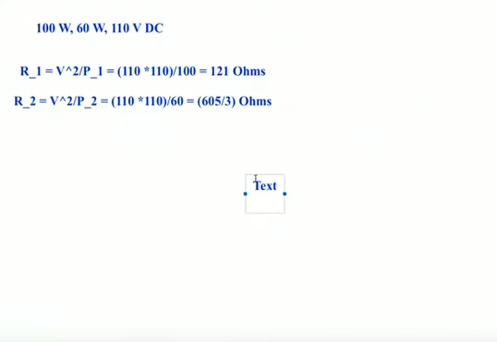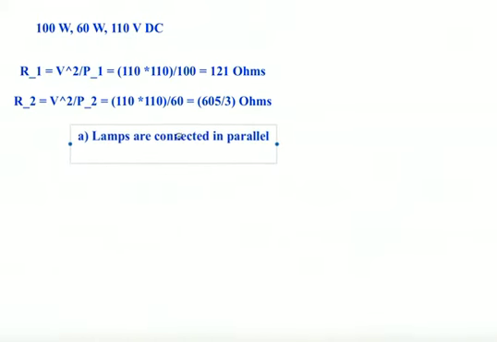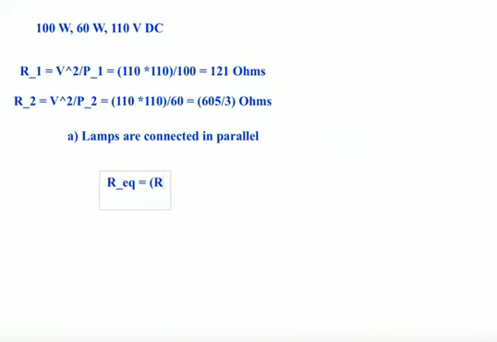When the lamps are connected in parallel, what is the equivalent resistance? 1 by R equivalent equals 1 by R1 plus 1 by R2, or otherwise R equivalent equals R1 into R2 divided by R1 plus R2.